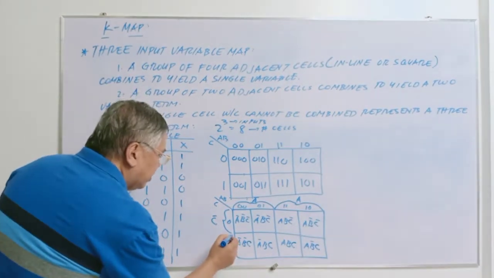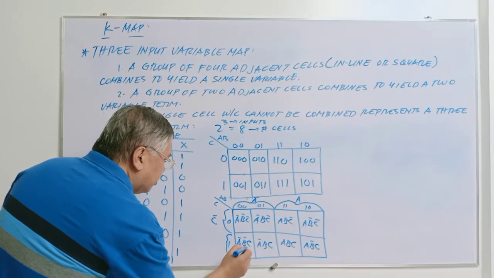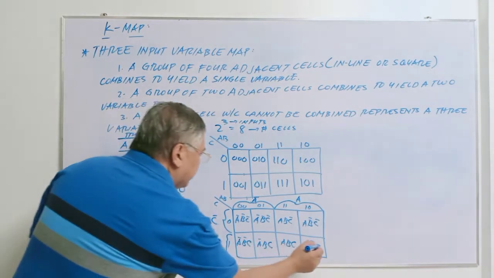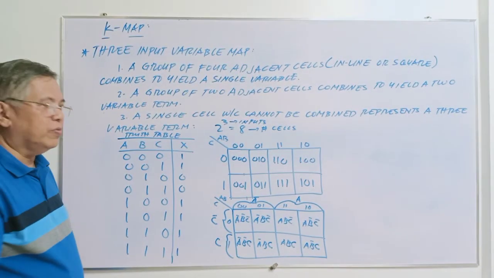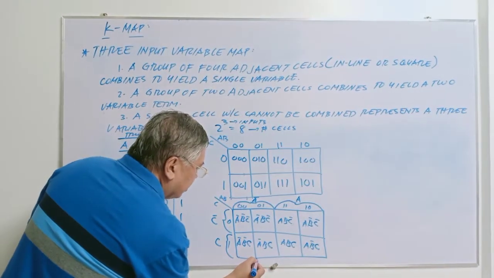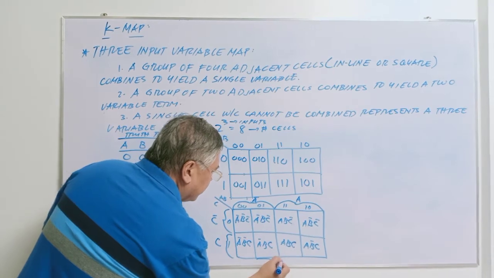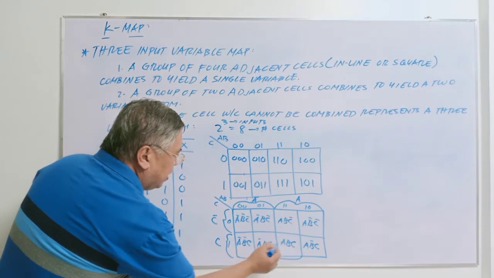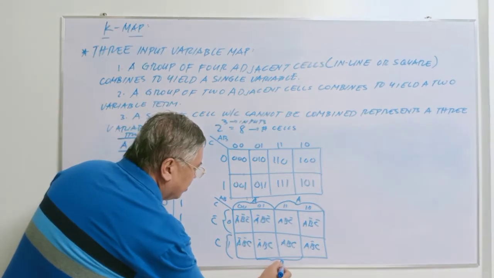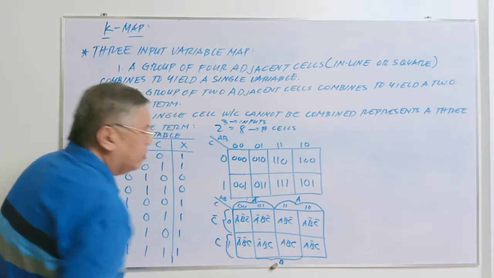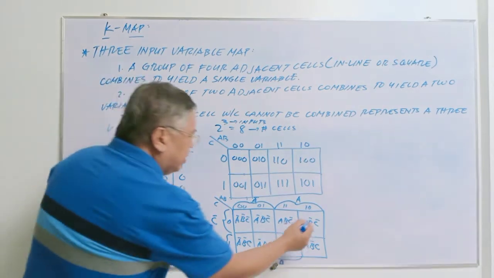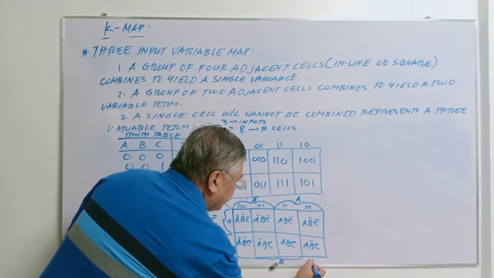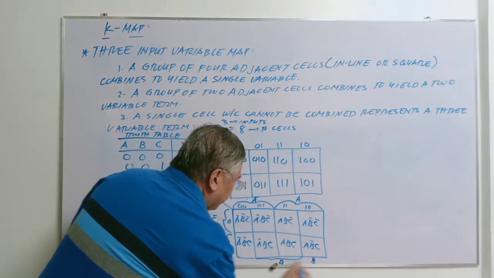And this one, what is common is C, so these 4 cells belong to C. How about B? In this particular area, the common is B, so these 4 adjacent cells belong to B. And then this cell and this cell belong to B bar.